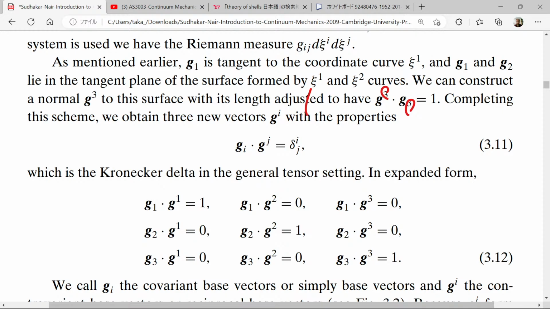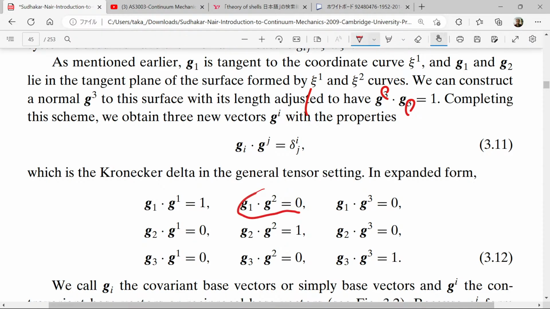In expanded form, this is a little bit strange. I have some doubt here. Is this 0?